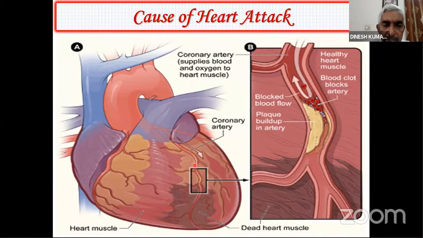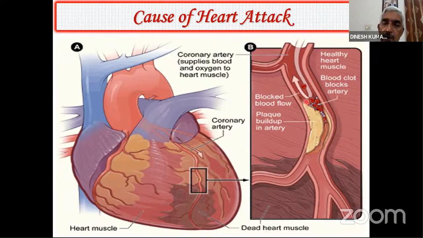The heart is supplied by coronary arteries, and in these coronary arteries there is deposition of cholesterol. As age goes beyond 20 years, this process starts in each and every person. And when our lifestyle and feeding habits are not good, there is more deposition of this cholesterol.